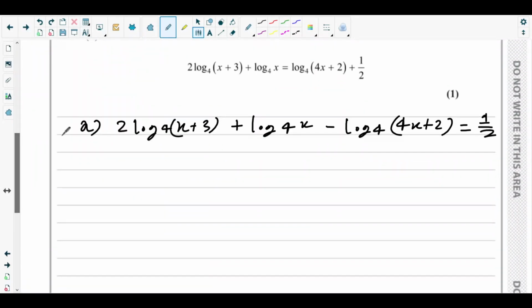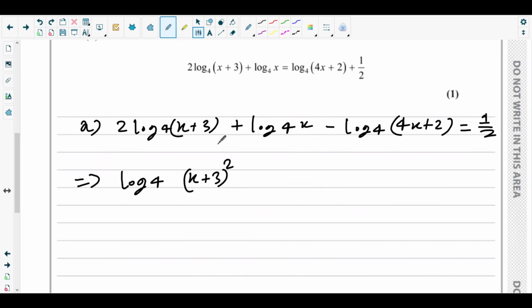All the terms on the left-hand side are logs with base 4, so we can take log base 4 as common. We get (x plus 3) whole squared, because its coefficient is 2, so we take it to the power using the power rule of logarithms.